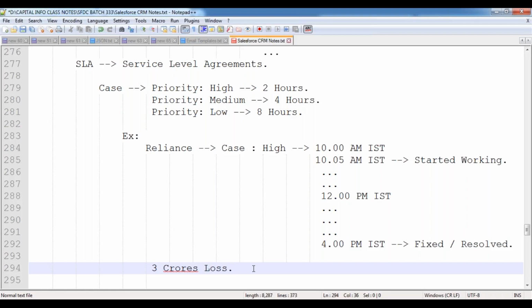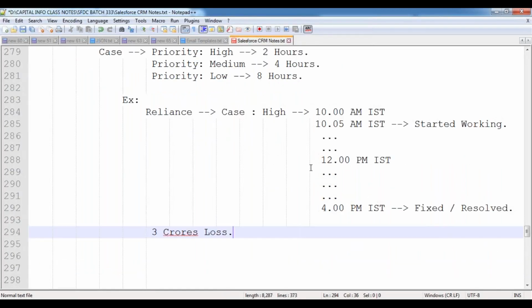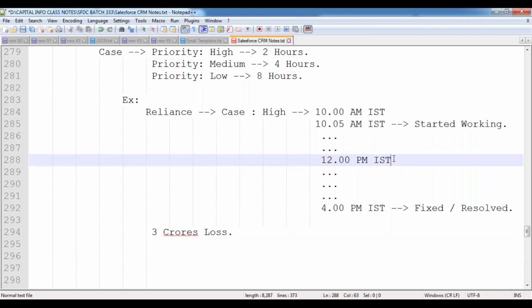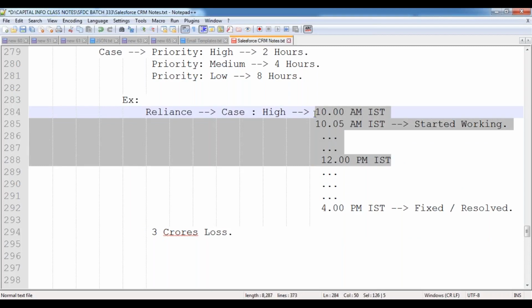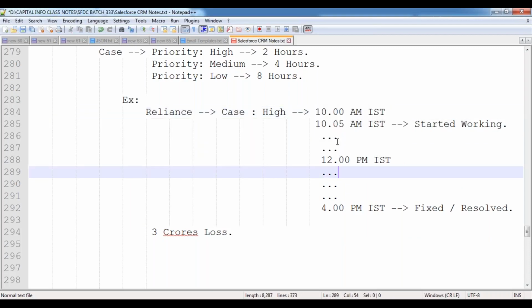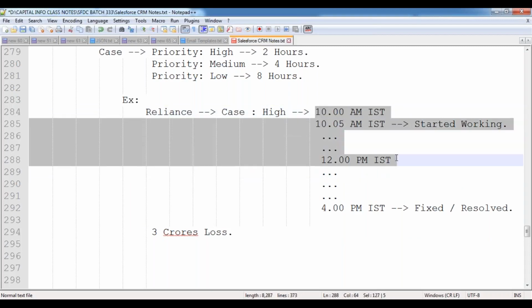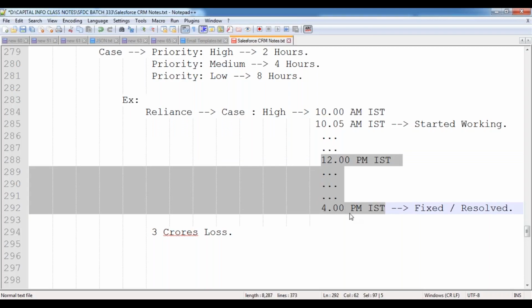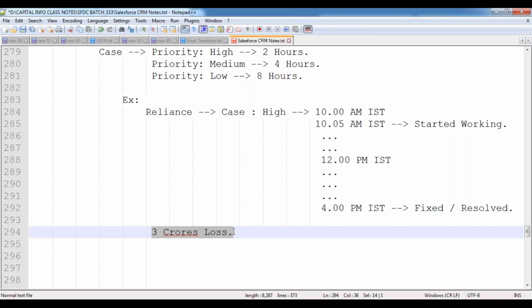If GE people were able to resolve the problem within 2 hours, then there is no loss. We gave sufficient time to the GE people to resolve the problem. But they were unable to resolve it within the specified time period, within the specified SLA. They took 4 more hours additionally. Because of these 4 hours, I got some 3 crores of loss. Then who will pay this amount?